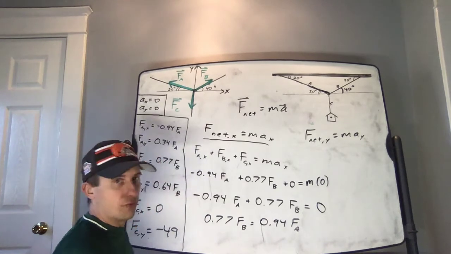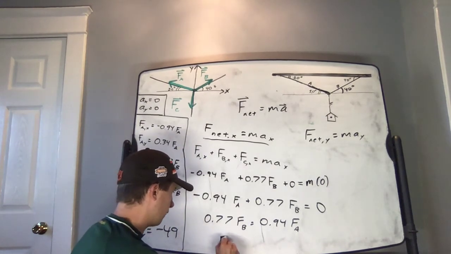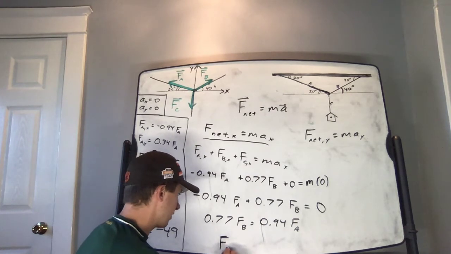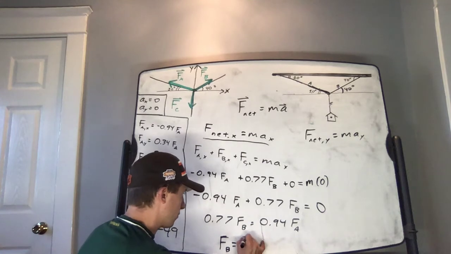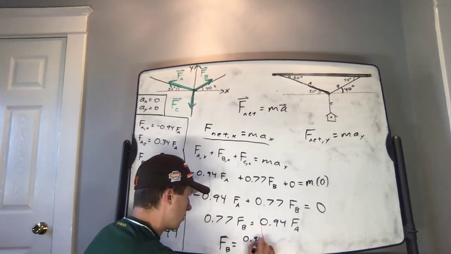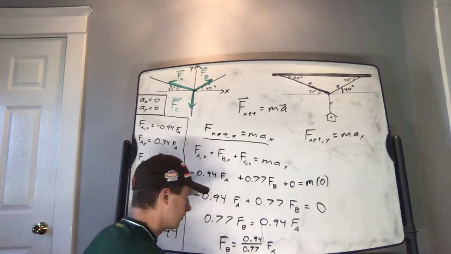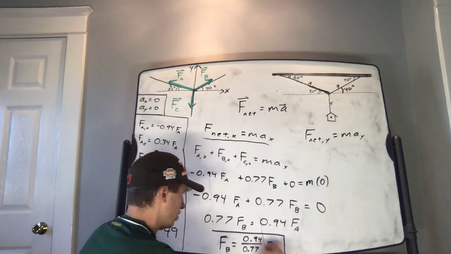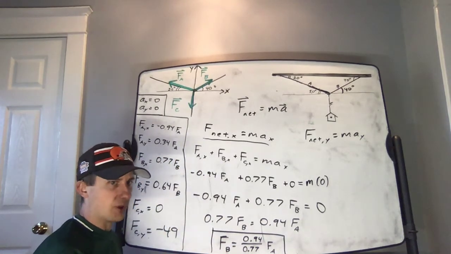And I'm going to solve for FB for the moment. So FB, the force of tension in cable B, could be written as 0.94 over 0.77 FA. So this is going to be one important equation for solving this problem.